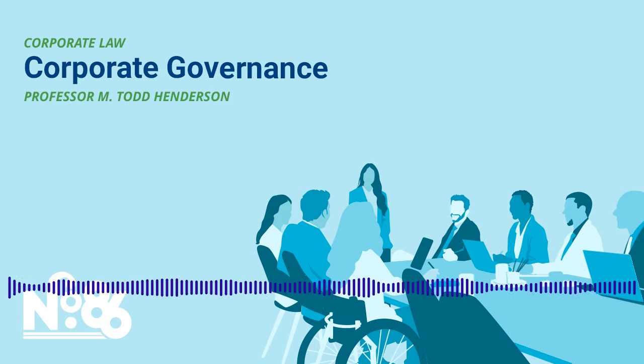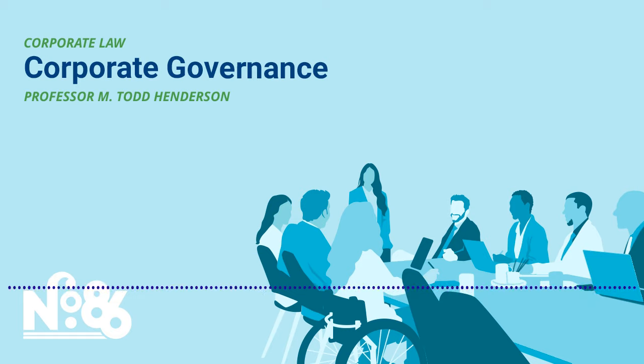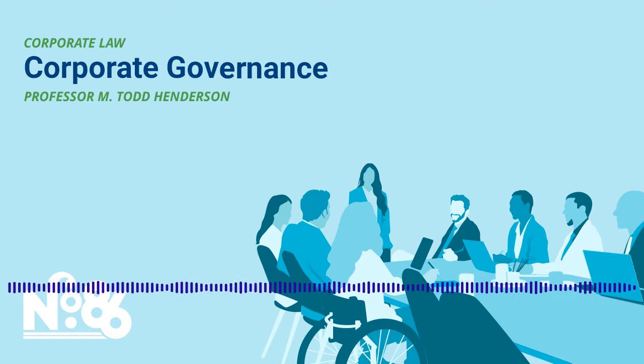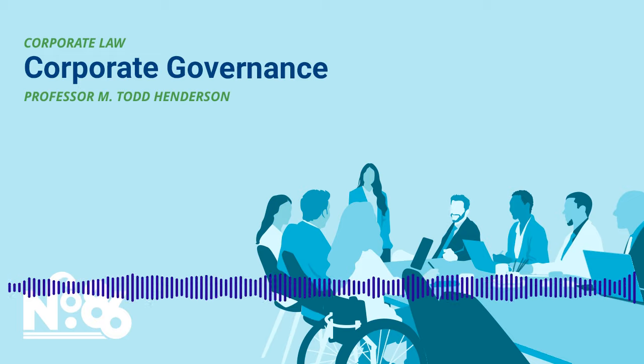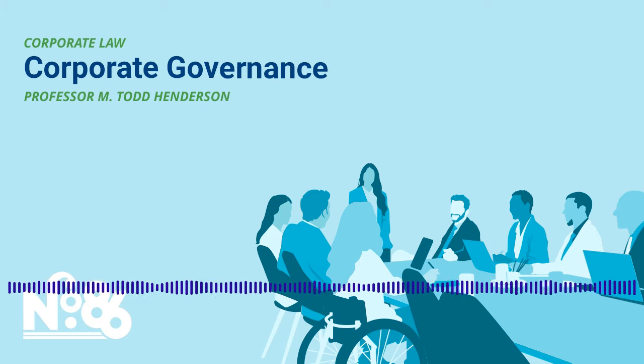The board of directors has the ultimate authority and control over the CEO, and the CEO has to please at least a majority of the board of directors in the decisions that the CEO is making. So the decisions of the CEO will be in the shadow of the approval and control of the board of directors.